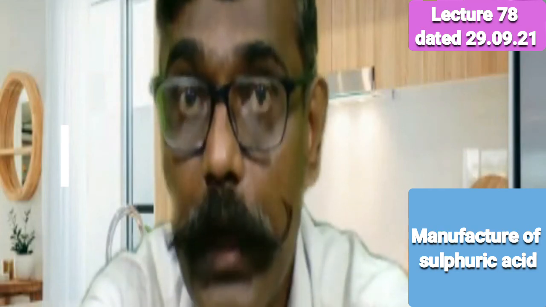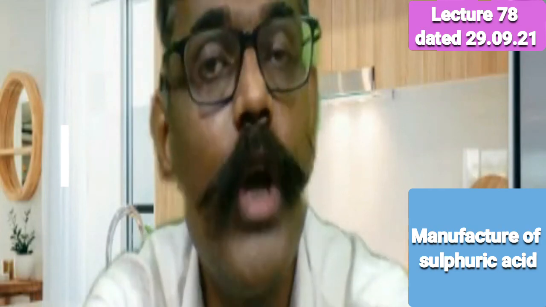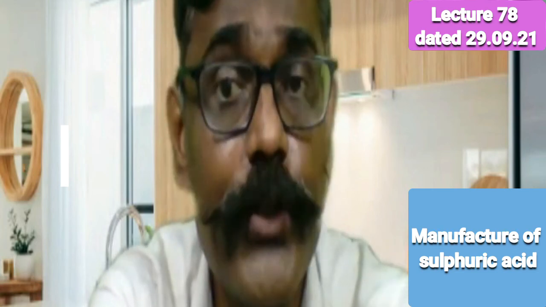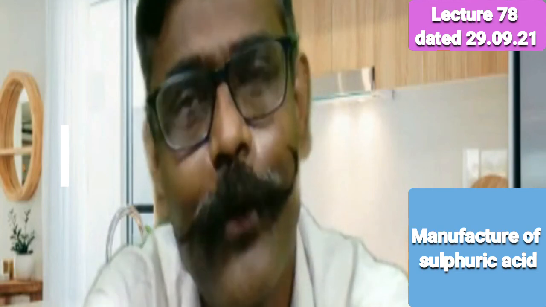About our theory syllabus completion: analytical chemistry we have completed. Unit number 1 we have completed. Unit number 2, the superconductivity portion is left, which you are going to study. Unit number 3 we have completed. Unit number 4, the group 16 elements, we have now completed. Group 17 elements I will complete, and non-aqueous solvents you will study. So only a few lectures are needed to complete group 17 elements.